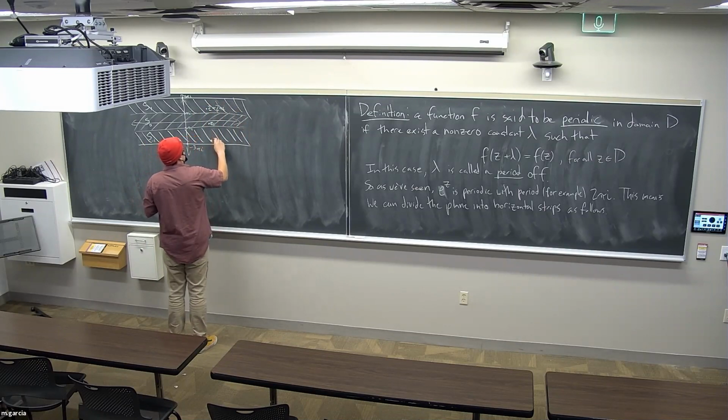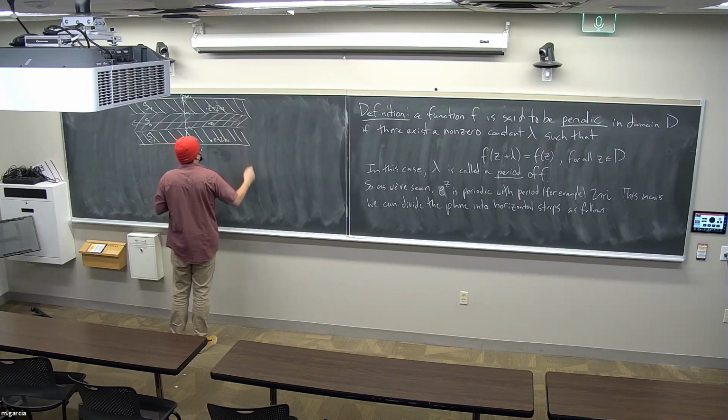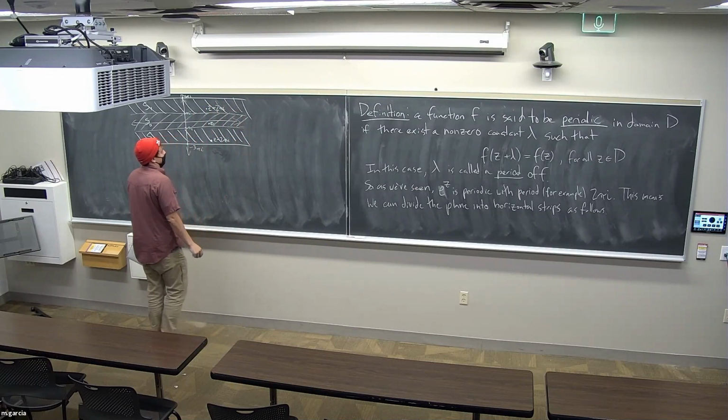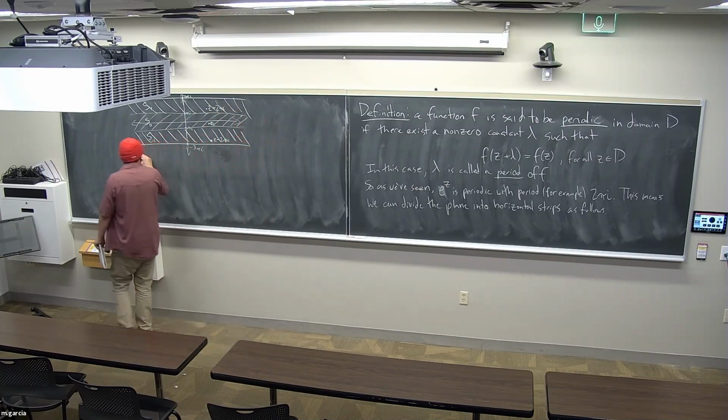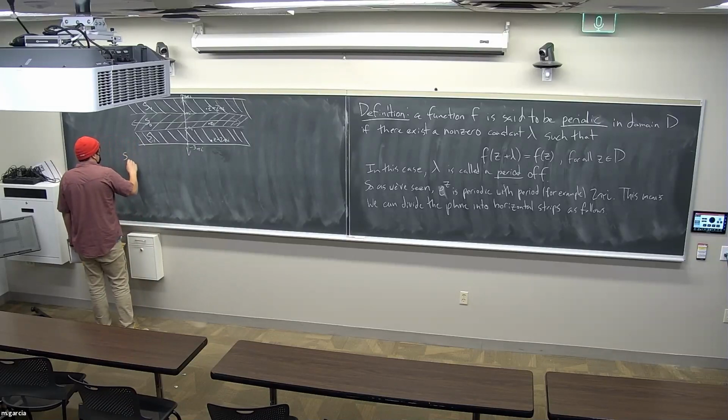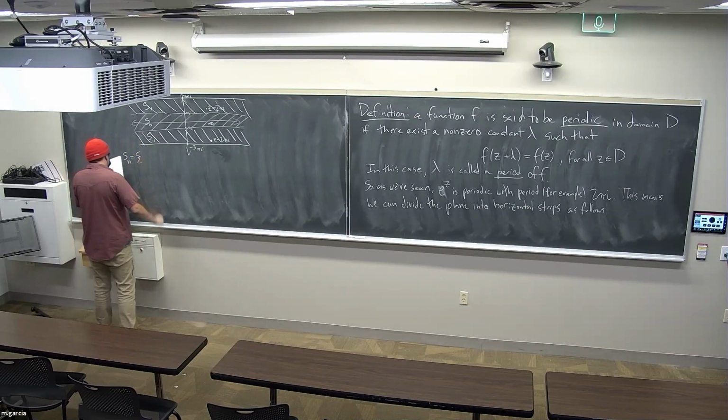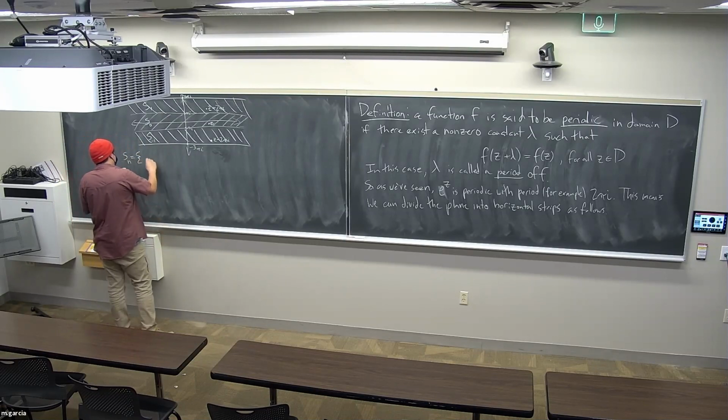Here I have z minus 2 pi I. So in general, each of these strips, S of n, are given by the following description.